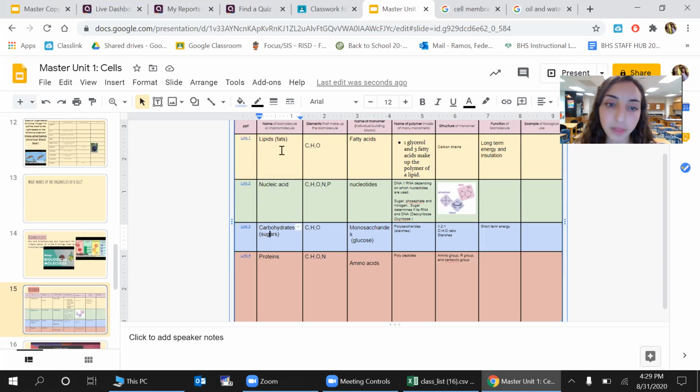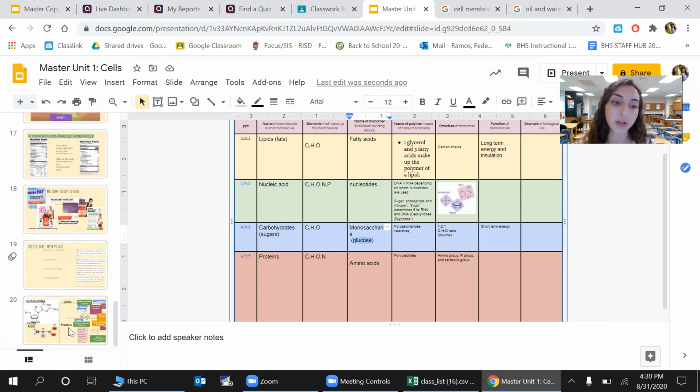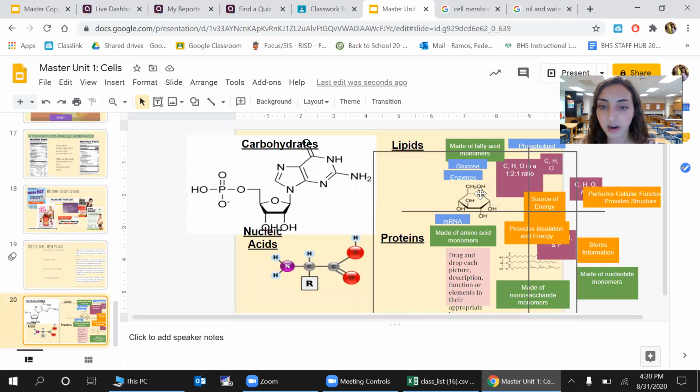Carbohydrates are another simple biomolecule, just like our fats. They're going to be the easiest ones to dissolve by the cell. Essentially, carbohydrates are sugars. Their monomer is a monosaccharide, which is also called glucose. That is a single ring structure, seen here.